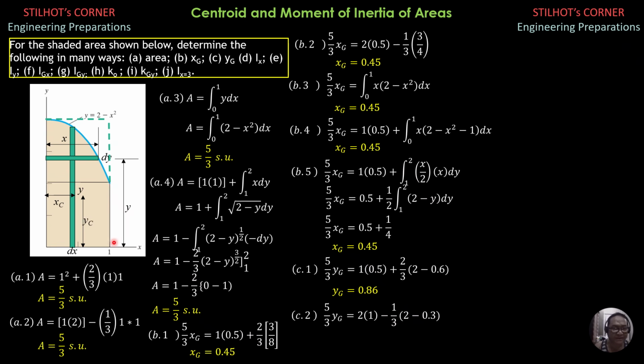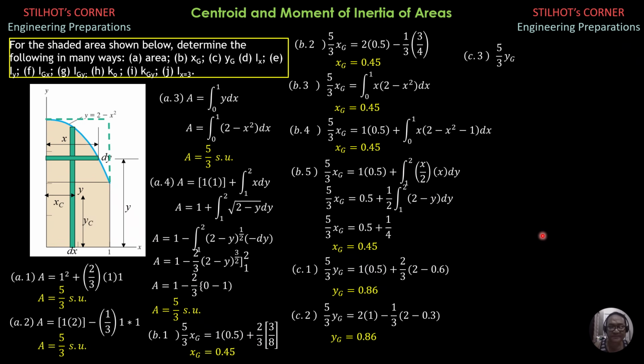So area of rectangle 2, location of centroid of rectangle from the x-axis, half of 2, so 1. Then minus area of spandrel, 1/3, already calculated, 1/3 of 1 times 1. Then quantity 2 minus 0.3, where this is 0.3 and this is 2 minus 0.3, or 1.7. So solving for yg, it is also 0.86. 0.86, sorry.